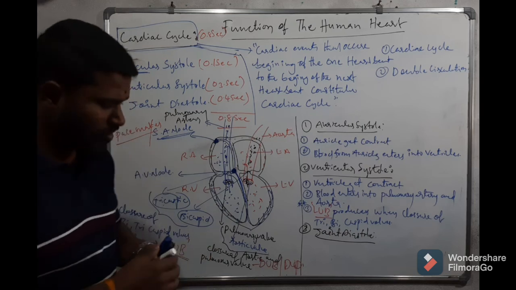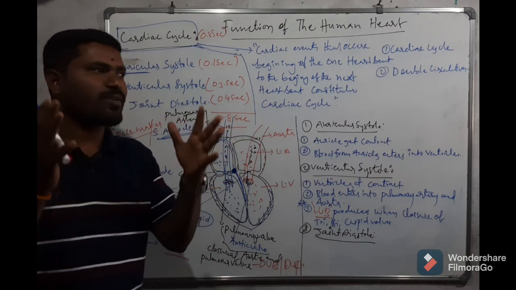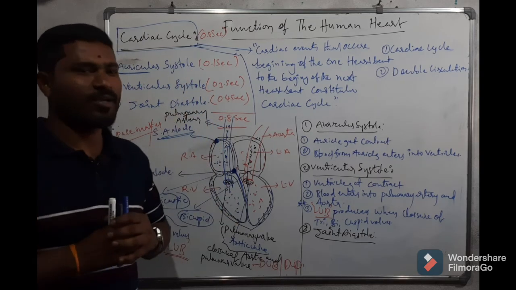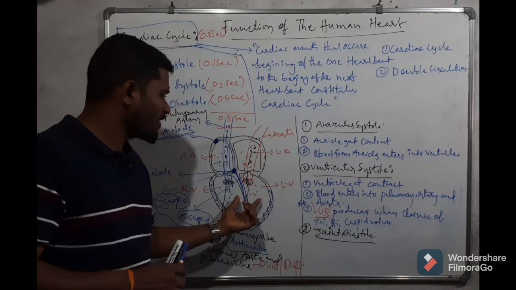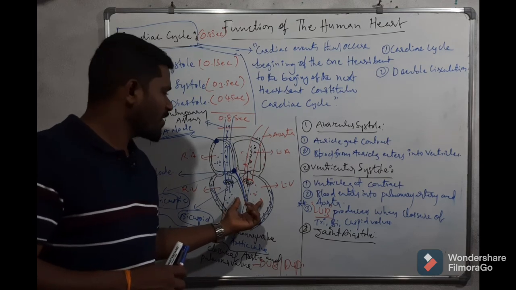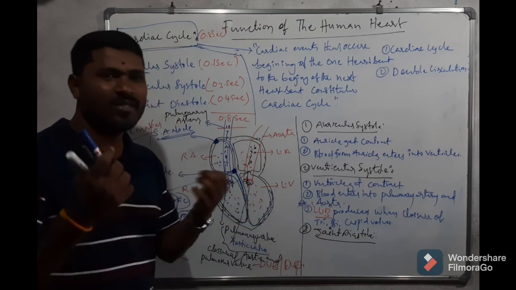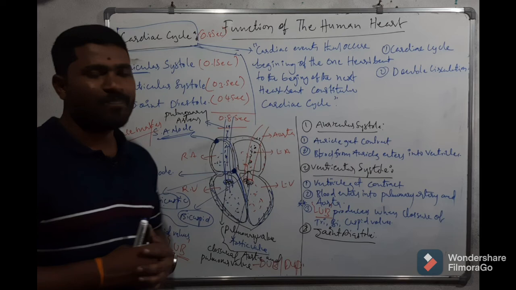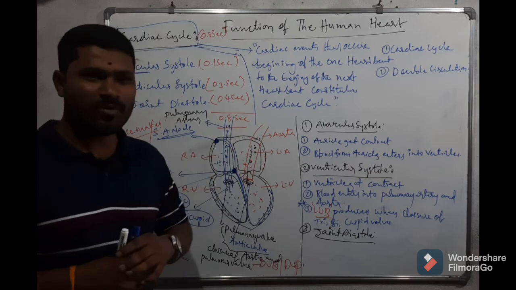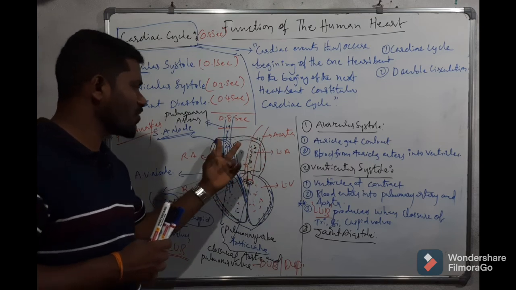Next, in the joint diastole, the auricles and ventricles both relax. The pressure of the blood in the ventricles becomes lower than the pressure in the pulmonary artery and aorta, so there is a chance of reverse flow from these two blood vessels.